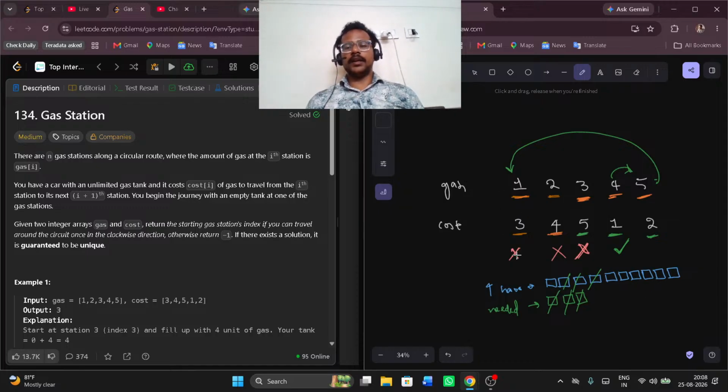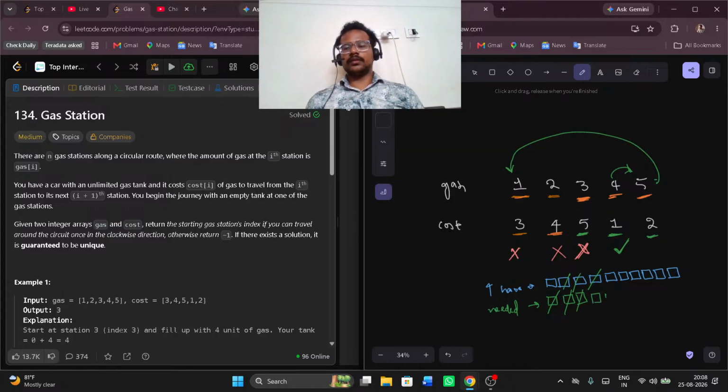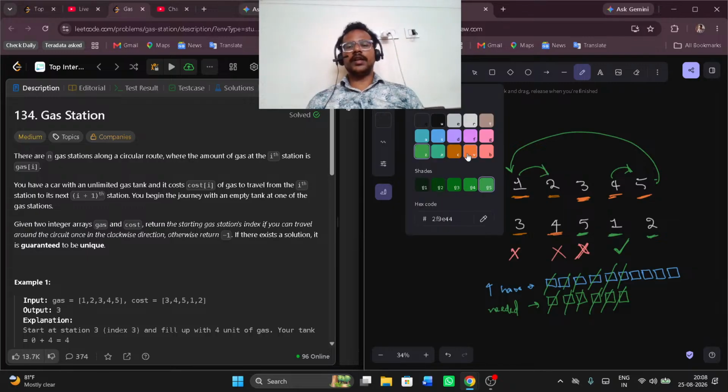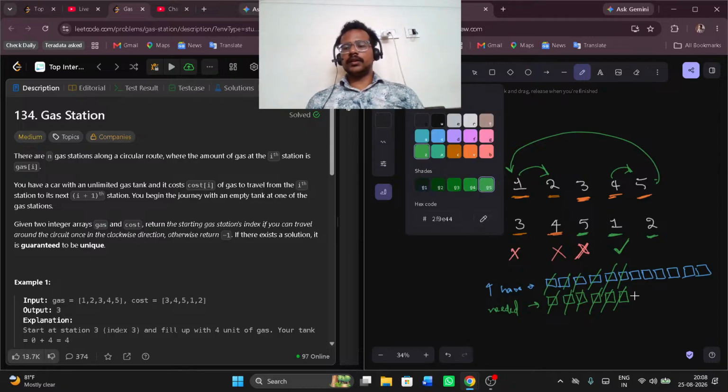Now I need 3, so 1, 2 and then 3, and here we'll cancel it out. So then here I have completed it. Then I'll go here and fill 2 more gas units. Now how many do I need here? 4.